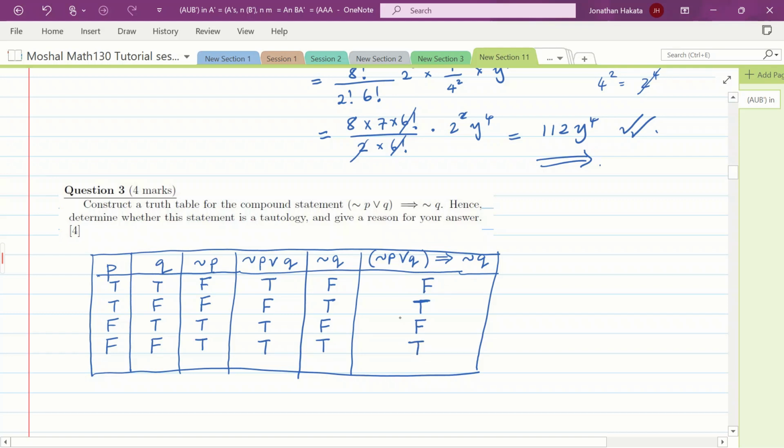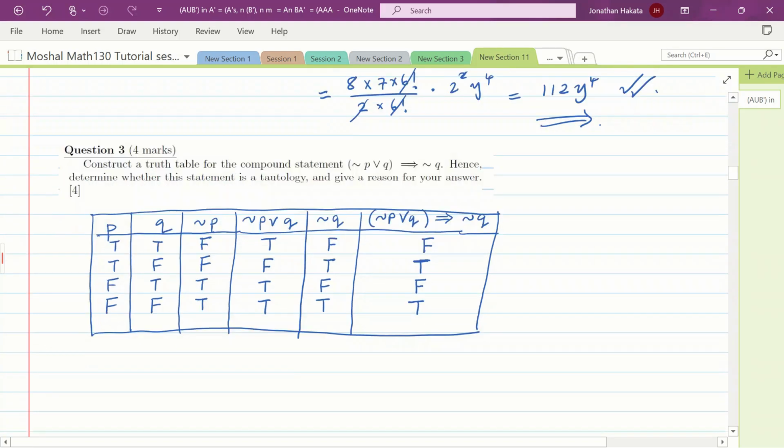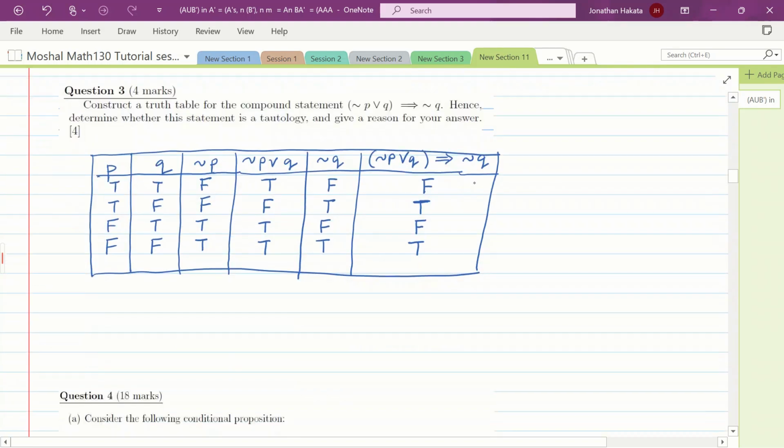So we look at the final output that we are having here. The output is mixed. If the overall outcome was true for all, then it was going to be a tautology, because the statement would always be true.